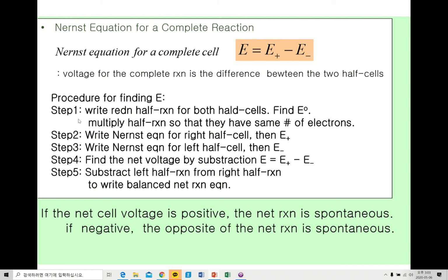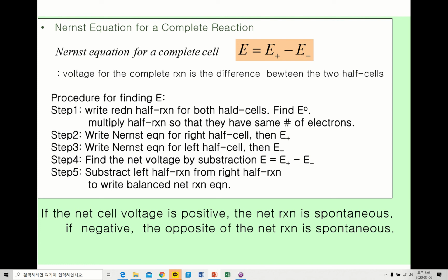The procedures for finding E. First, write the reduction half reaction for both half cells. At the anode oxidation takes place, but you have to write the anode reaction in reduction form, and later, simply by taking the difference, everything will be corrected.